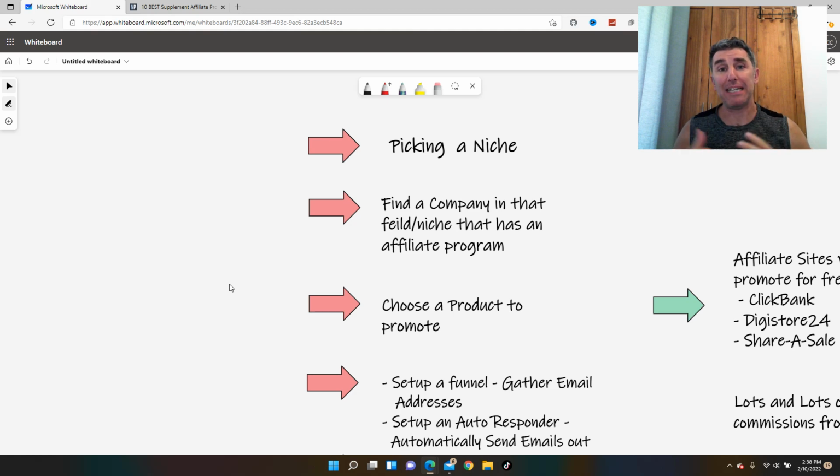Now, what does this mean? This means if you were to pick the health and wellness industry, it is a huge multi-billion-dollar industry. It covers everything from mental health to physical health to weight loss to diets to supplements to fitness to exercise, and the list can go on. So we could go health and wellness broad spectrum, and it covers a lot of stuff.